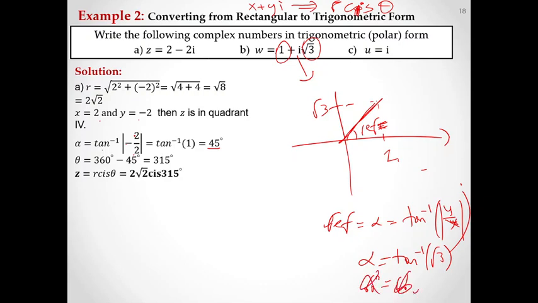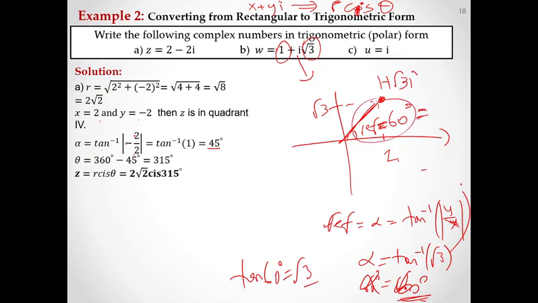So alpha has to be 60 degrees because tangent 60 is square root 3. Now the reference angle is 60, but the complex number here is again in the first quadrant. So theta has to be 60 degrees.